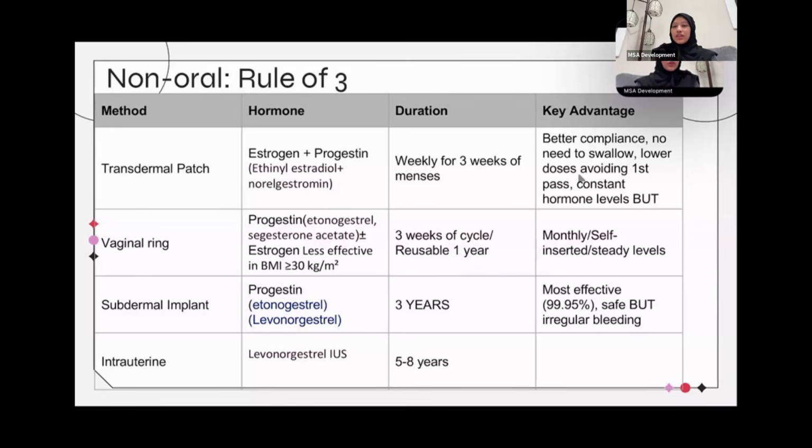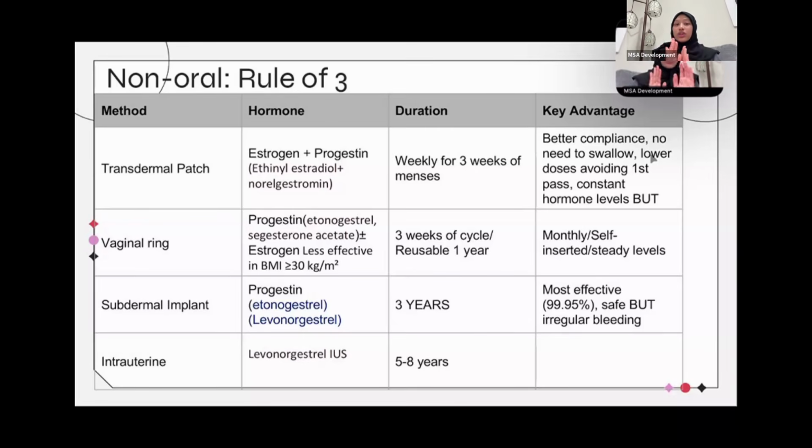Lower doses, avoiding first pass, sorry, and constant hormone levels. I'm just trying to make sure about the pill, because they said in the slide there's a possibility of increased risk of venous thromboembolism in patch users.